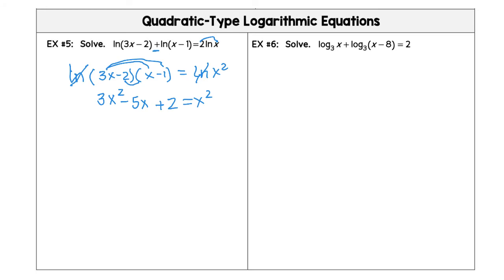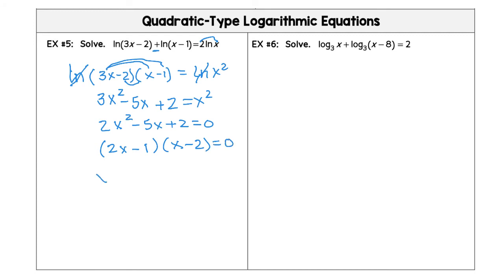So when we move that over, we're going to have 2x squared minus 5x plus 2 equals 0. And then that's going to factor into 2x minus 1, and then x minus 2.